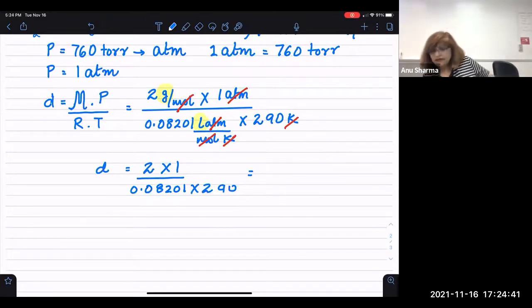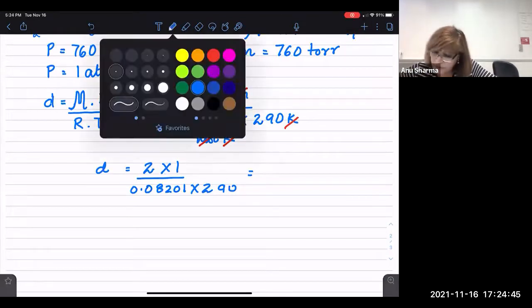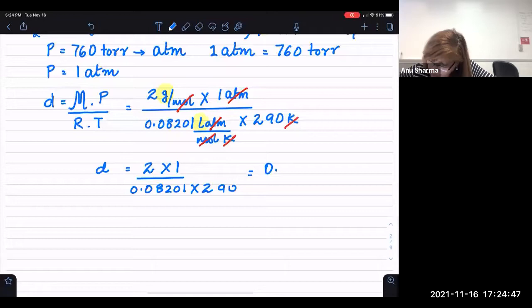Very good. So this is 0.084. Now, even if we go by the units, the significant figures: 4 significant figures here, 3 significant figures here.